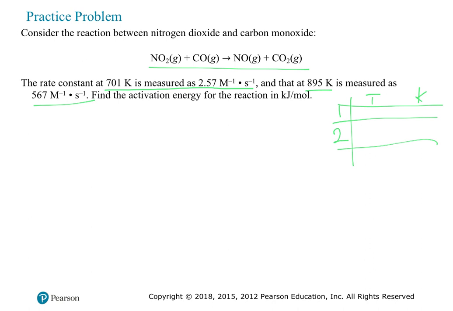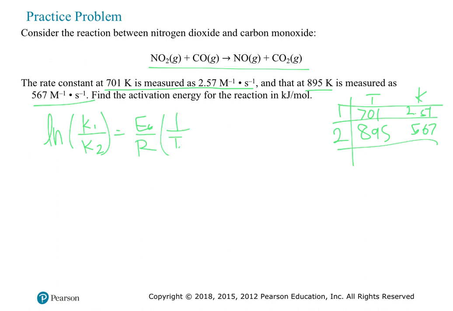So let's just do temperature 1 is 701 Kelvin, and our K is 2.57. And then at 895 Kelvin, we have a rate constant of 567. That's a lot nicer numbers than the last example. So we could use our equation, ln of K1 over K2 equals activation energy over R times 1 over T2 minus 1 over T1.